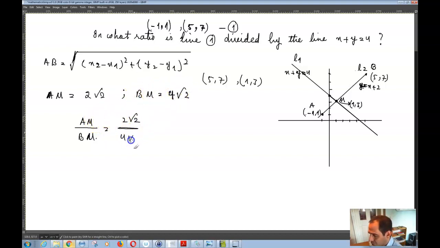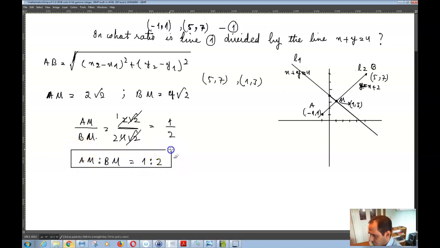So the square root of 2 cancels out. Okay, 1 to 2 does make sense. So that means that AM to BM is equal to 1 to 2. That is the ratio. That was number 14.